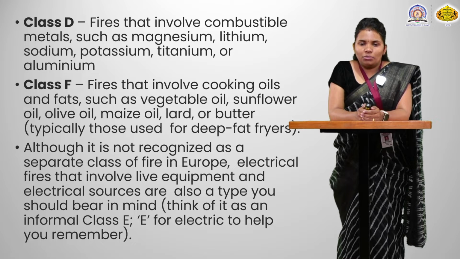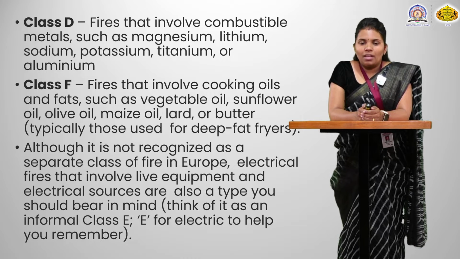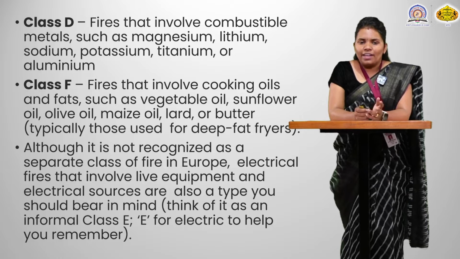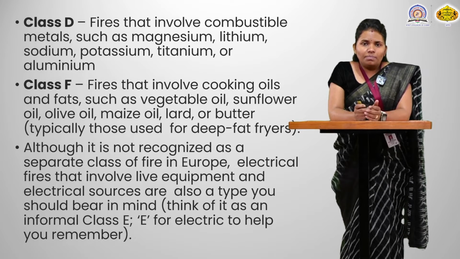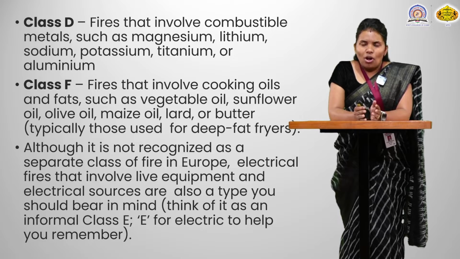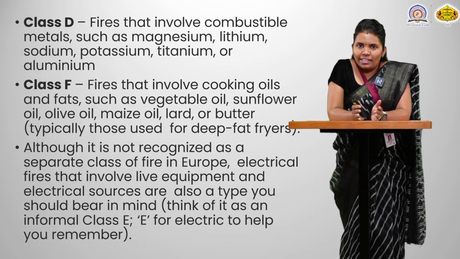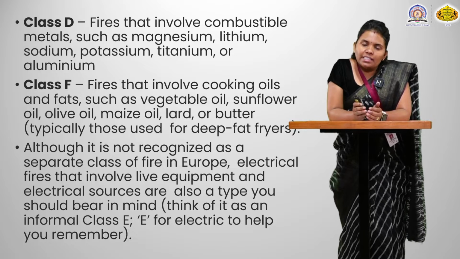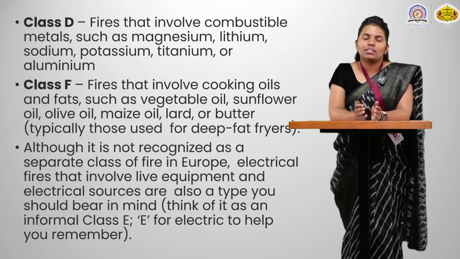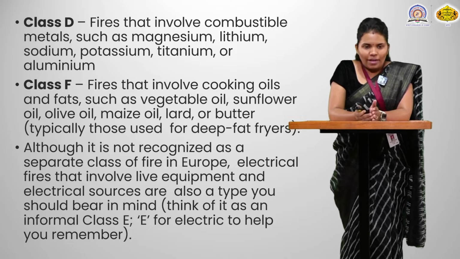For French fries in big hotels, different types of butter and oils are used for deep frying. If any incident or accident happens at that time, it is included in class F fire.